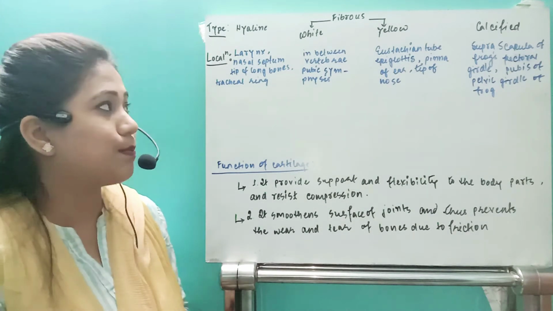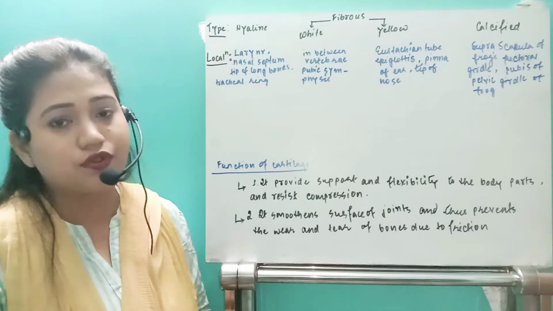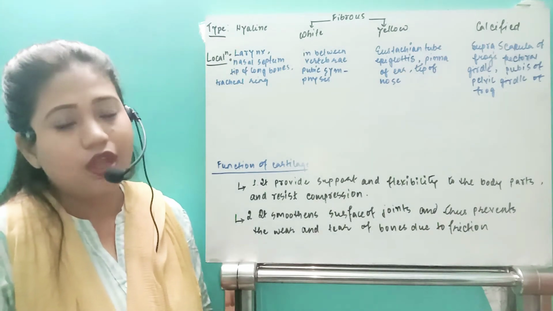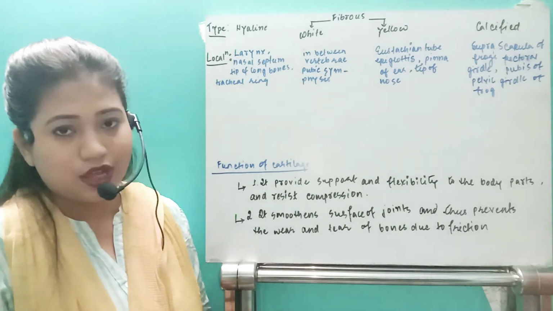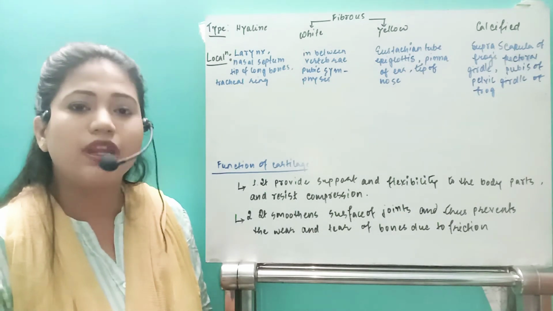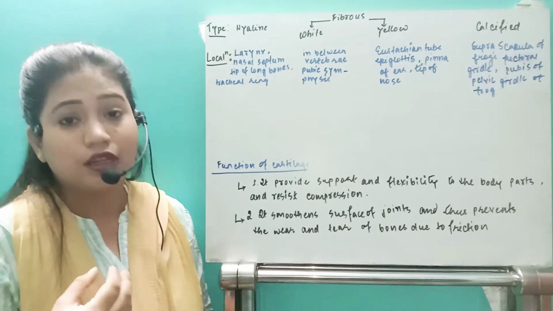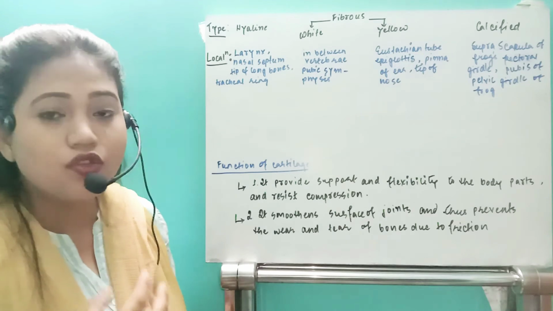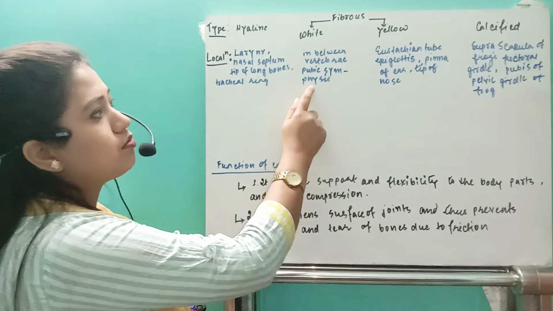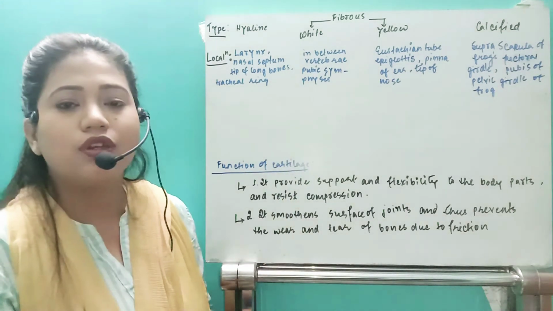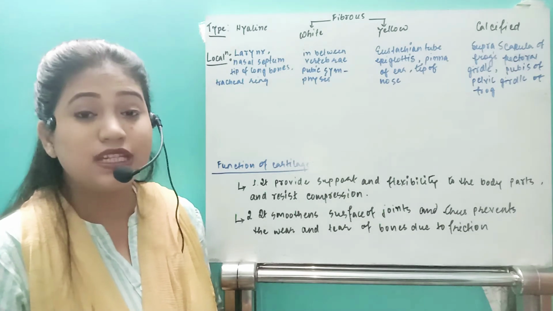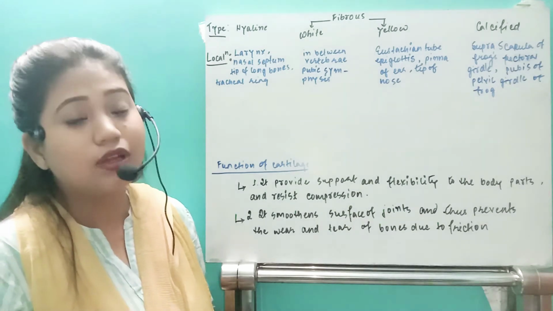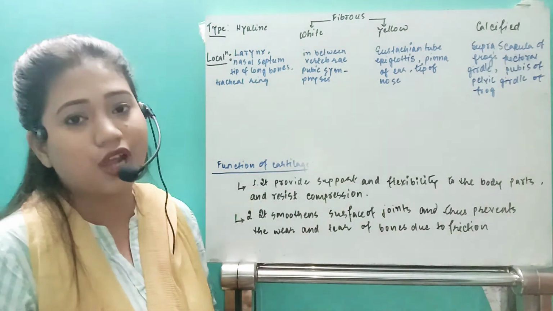Now come to the next part, the fibrous cartilage, which is of two types: one is white and another is yellow. In white fibrous cartilage, the white fibers are more, that means the collagenous fibers are more. That collagen fiber gives us more strength rather than elasticity. So what location is it present in? In between the vertebrae. Our vertebral column has 26 vertebrae, and in between the vertebrae there are cartilages, that is the fibrous cartilage.